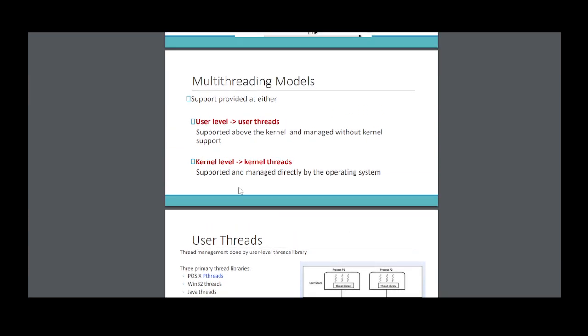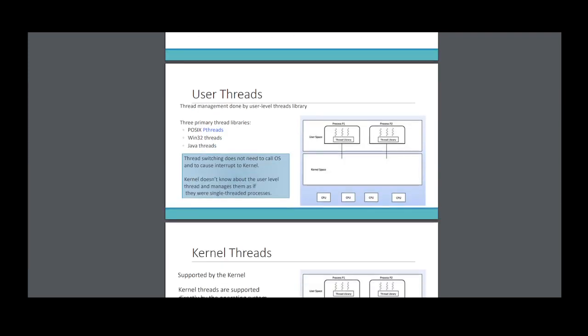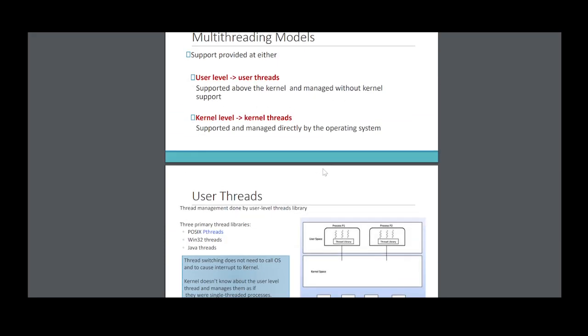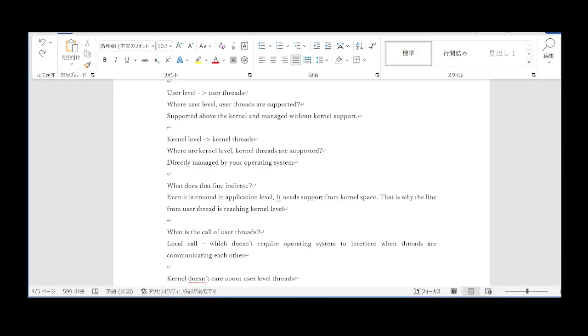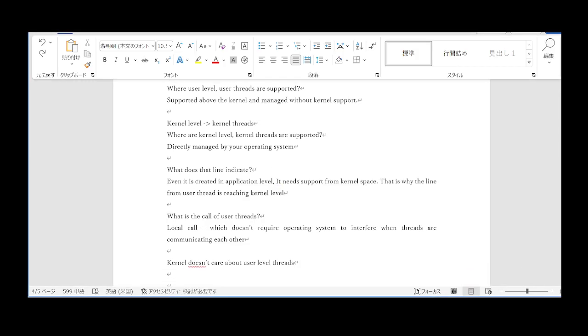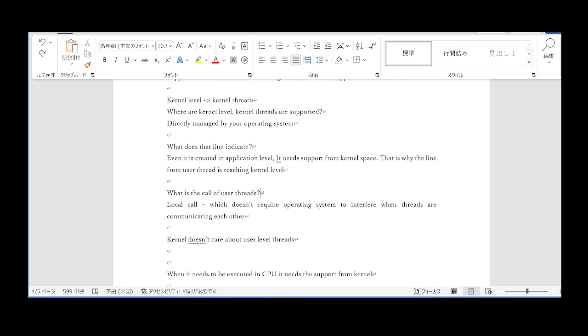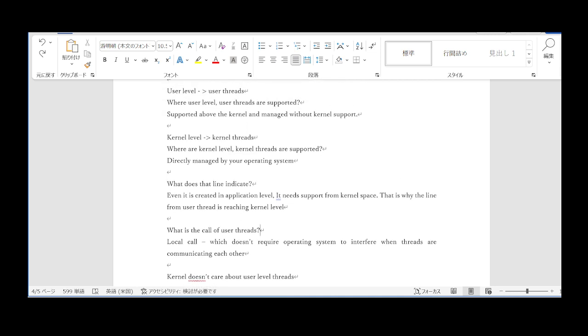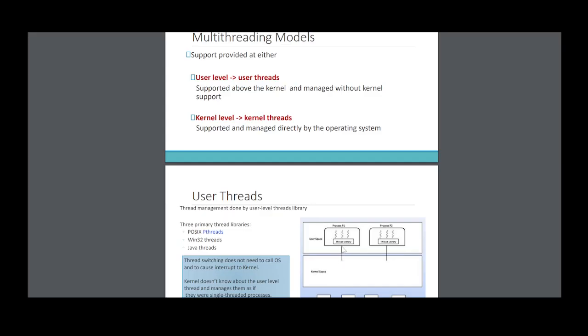And kernel level threads are supported and managed directly by the operating system, so it is this place.